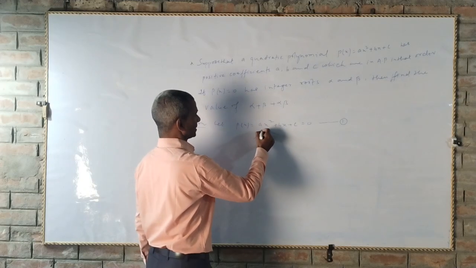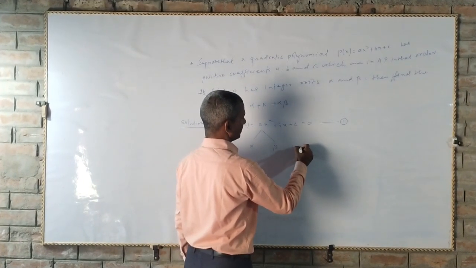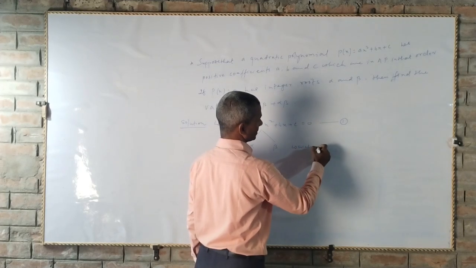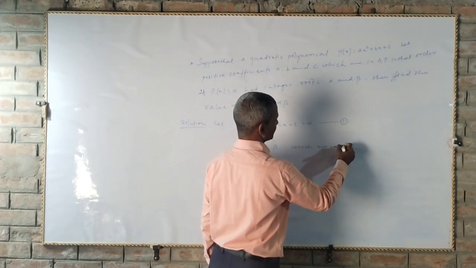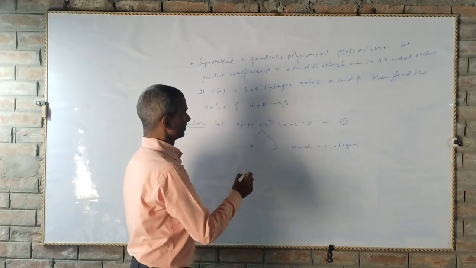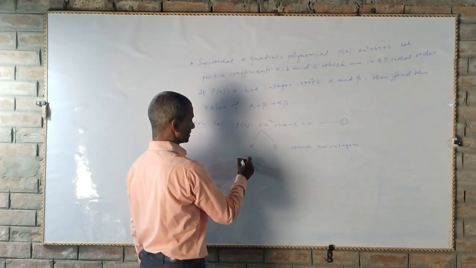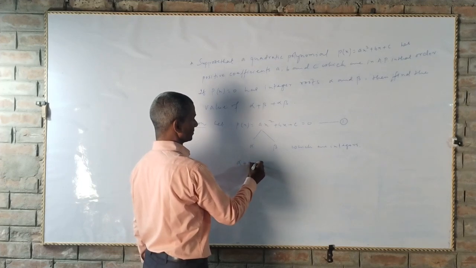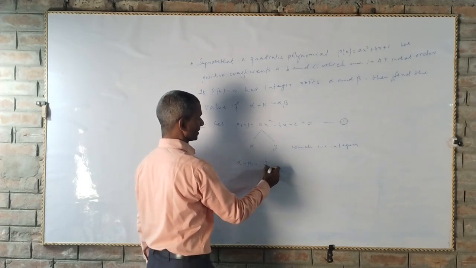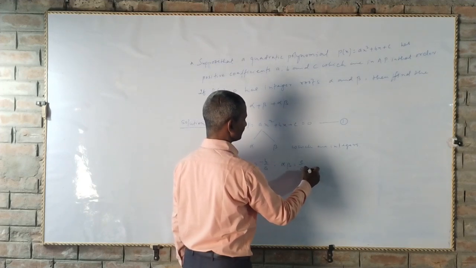If this equation has two roots alpha and beta, which are integers, then by Vieta's rule we can write down the relation between roots and coefficients: alpha plus beta is equal to minus b by a, and alpha into beta is equal to c by a.